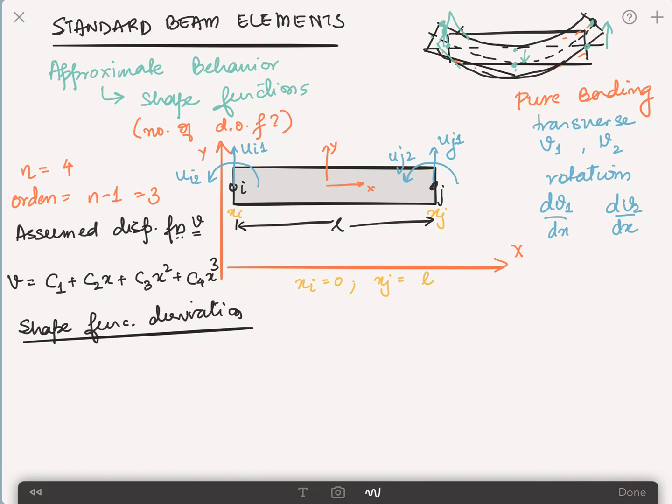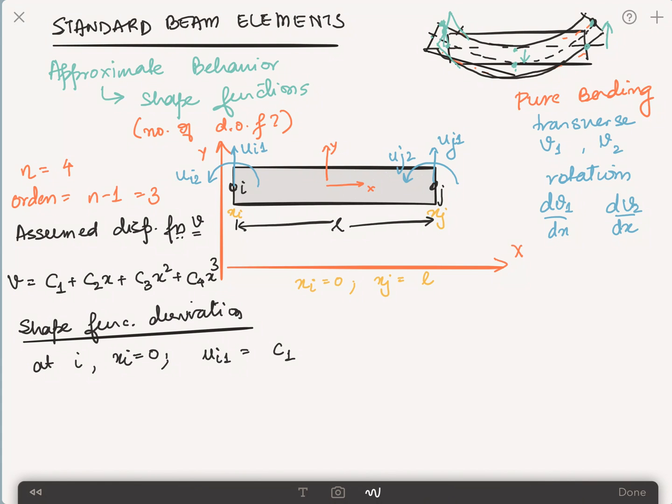So we know that if we substitute xi is equal to 0 and xj is equal to L in v, that means at i, xi is equal to 0, so v at i is given as ui1 is equal to c1.